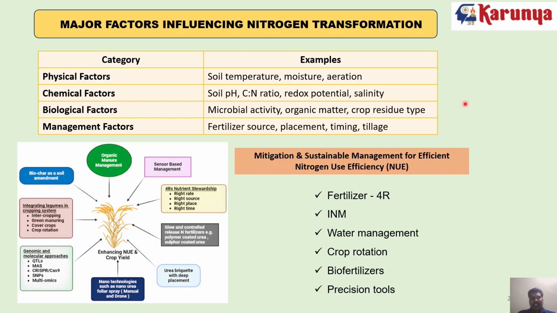And what are the mitigation or sustainable, efficient management practices we can follow for efficient nitrogen use? 4R stewardship: right rate, right source, right time, right place, that we can follow for better nitrogen use efficiency, along with integrated nutrient management, water management, crop rotation, and application of biofertilizers and precision tools.